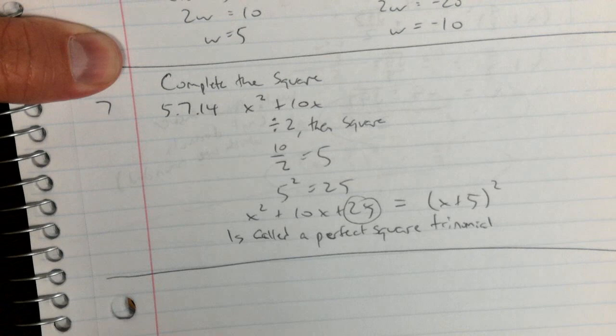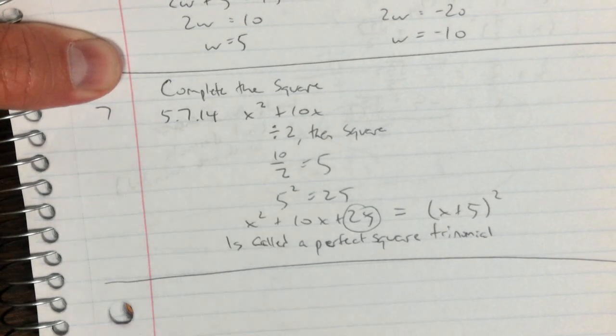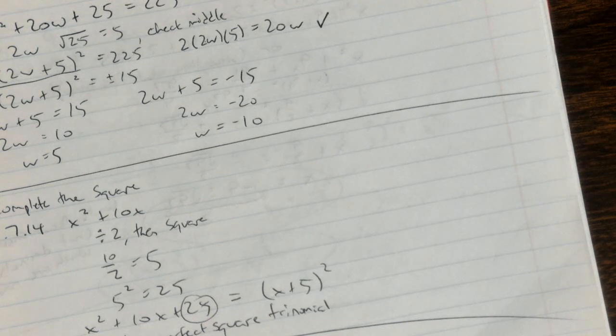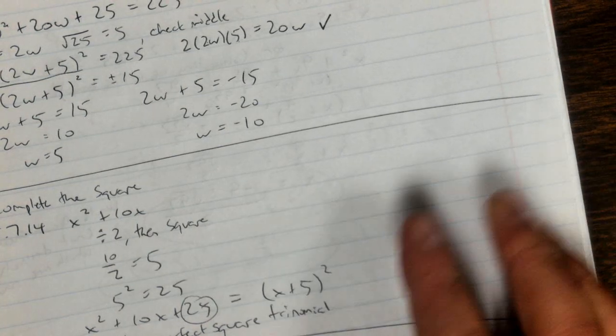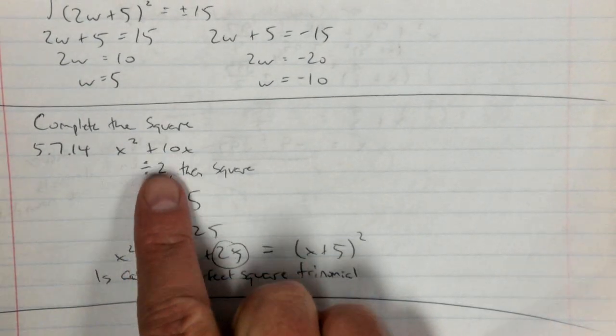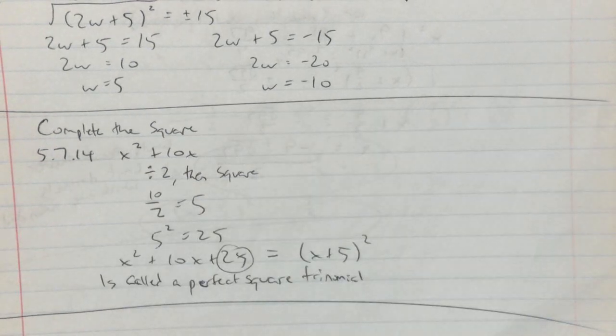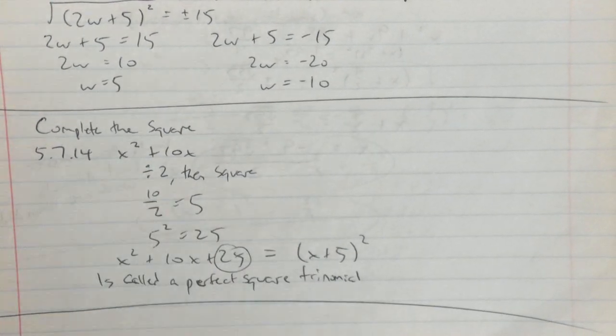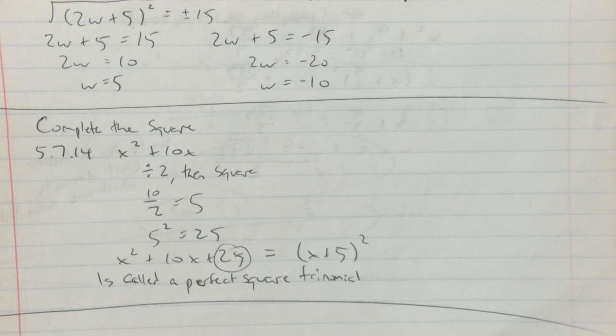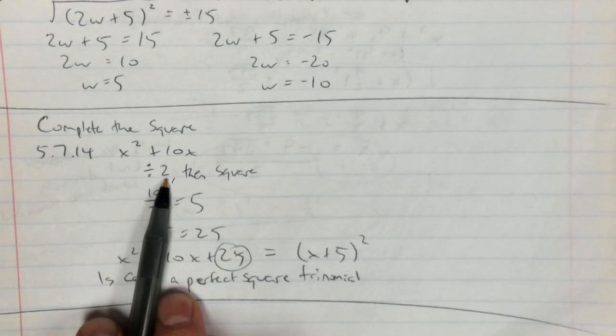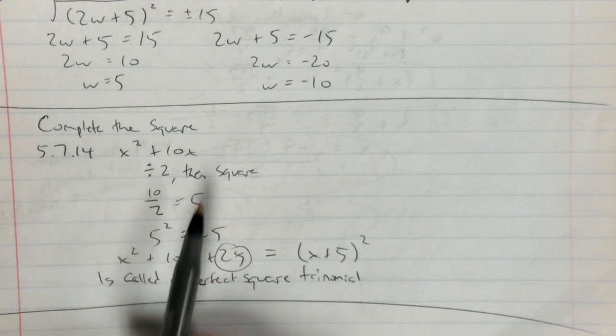The next one says complete the square. It's a little bit different type question. So on these, you're not able to use your calculator. It's not like something you can graph. So you have to learn the process for completing the square.